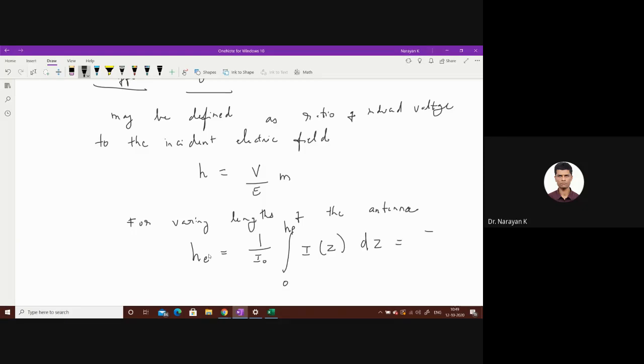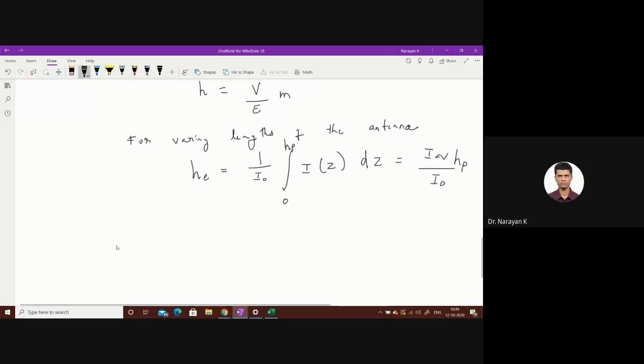This can be written as I average, the average current flowing through the antenna, divided by I naught into H_p, where H_p is equal to the physical height of the antenna.